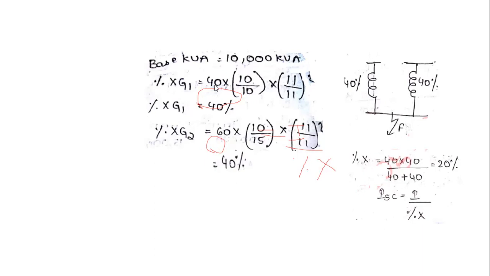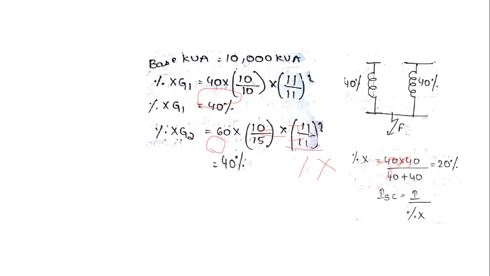The Xg1 reactance is 40 into base kVA 10 by the rating of generator G1, which is 10, into MVA 11 by 11. Similarly, we calculate Xg2. What is the Xg2 value? The reactance for generator G2 is 60, 60 into base kVA 10, and the generator G2 kVA is 50.